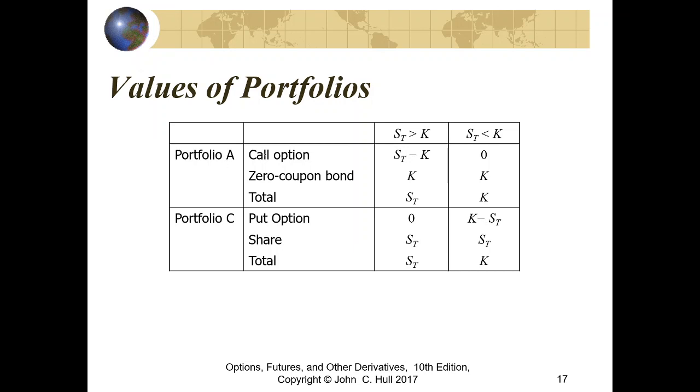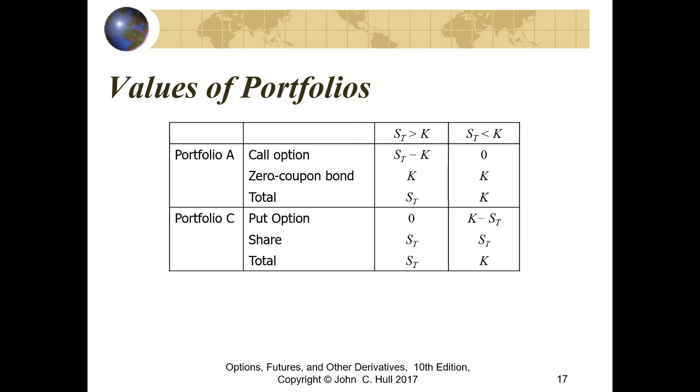What will be the payoff from the call option? Well, if ST is greater than K, the call option will be in the money, and the payoff will be ST minus K.